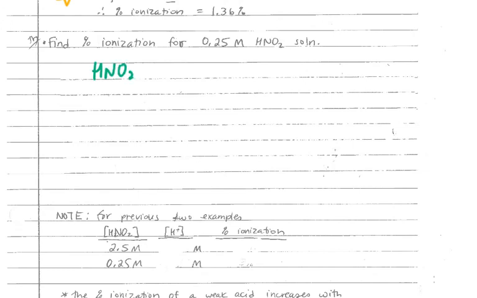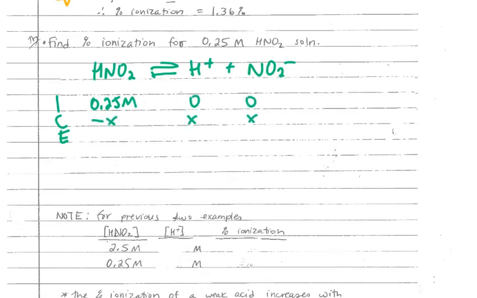The first thing is we want to write out the equation. HNO2 is going to dissociate into H plus and NO2 minus. And we form the ICE box. So initially we have 0.25 molar of this, none of this. So 0.25 minus X, X, and X at equilibrium. We can look up the Ka value.